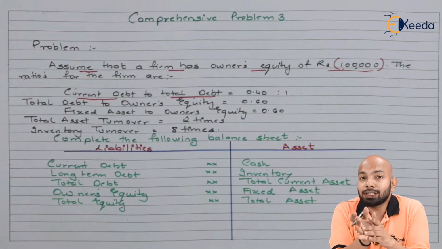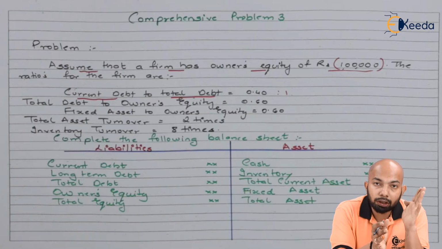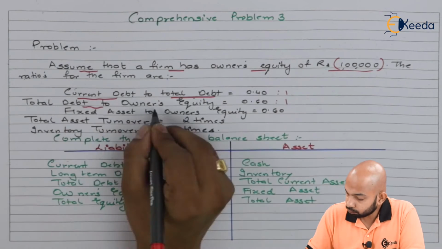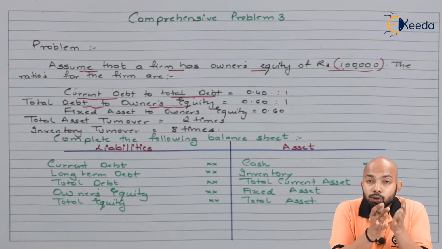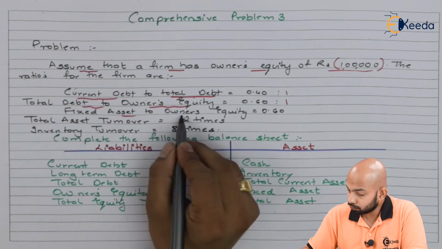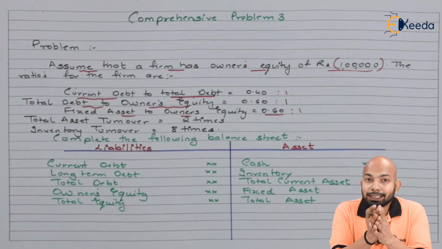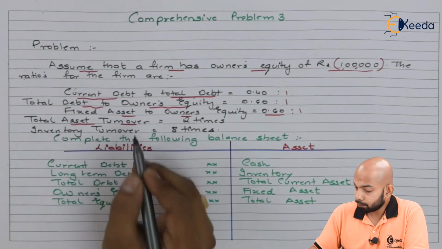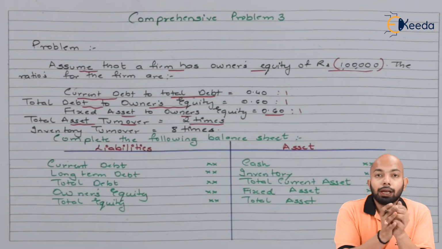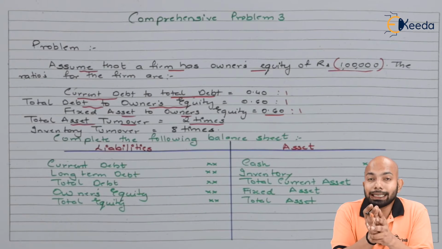Total debt to owner's equity, that means the ratio of total debt and the owner's equity, is 0.60 is to 1. Fixed assets to owner's equity ratio is again mentioned down here. That is again 0.60 is to 1. Total asset turnover is 2 times, and inventory turnover mentioned here is 8 times.